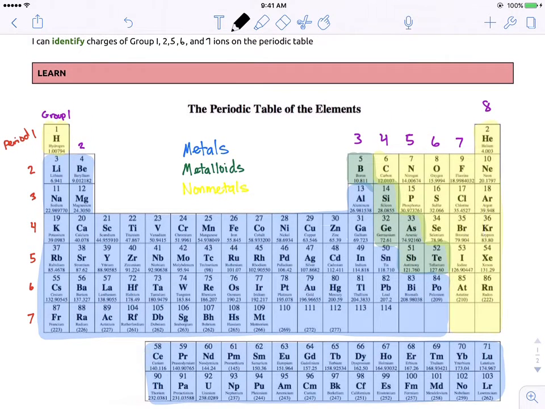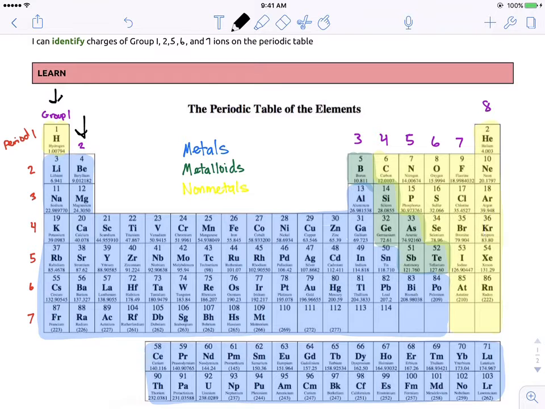Okay, the periodic table is also organized into groups and periods. And groups, here we have group 1, is a column. Group 1 is this first column. Group 2 is the second column.